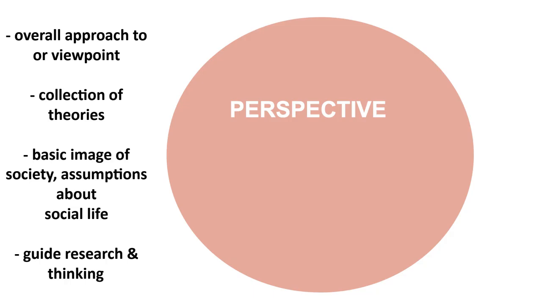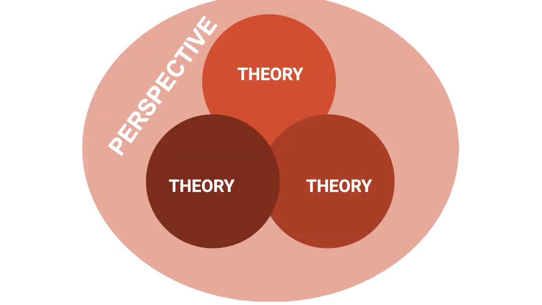And so the theories within each perspective are going to use the same basic concepts, basic ideas. And this is how we're going to look at sociological theories in this course and how they're looked at in the reading that you're doing here.